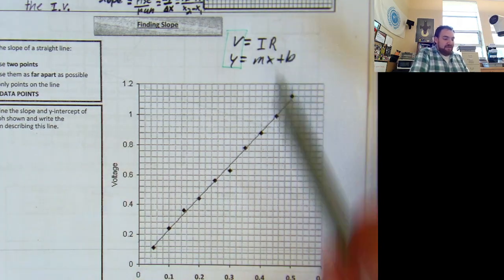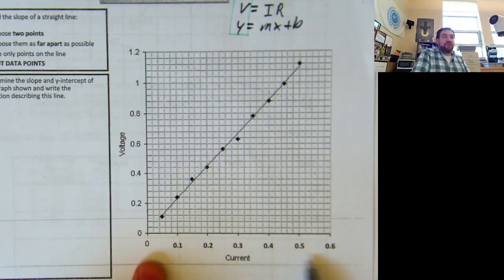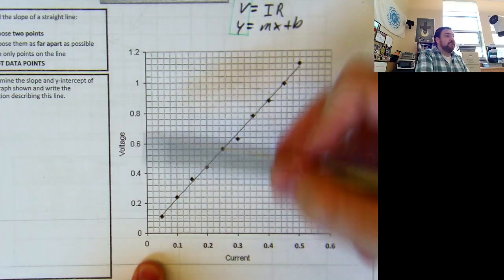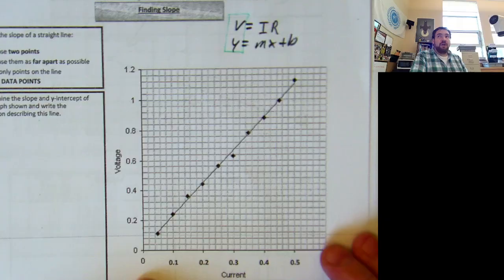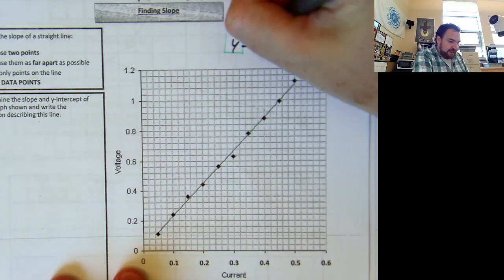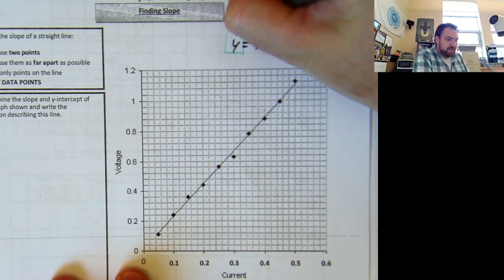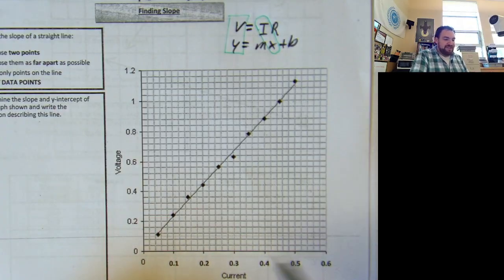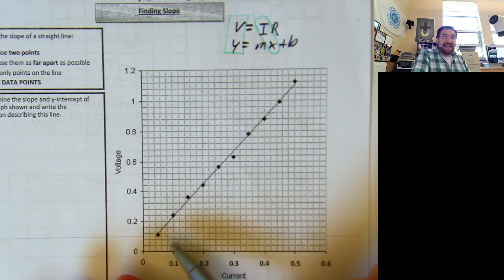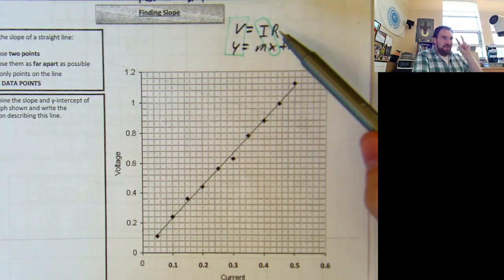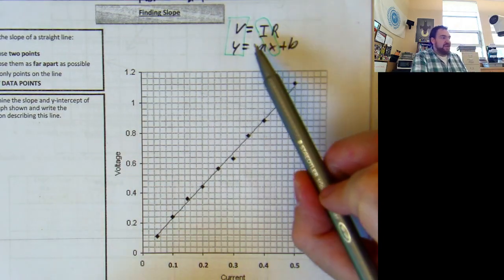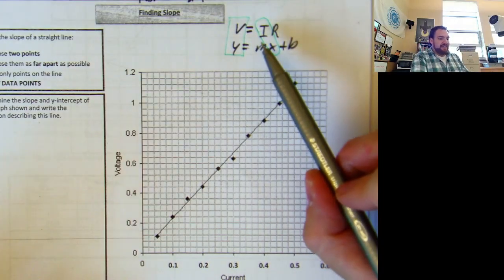Your I is the independent variable, the thing you're changing. You're changing the current and you want to know what the voltage says. So the data or the physical concept here should be linear because it lines up.